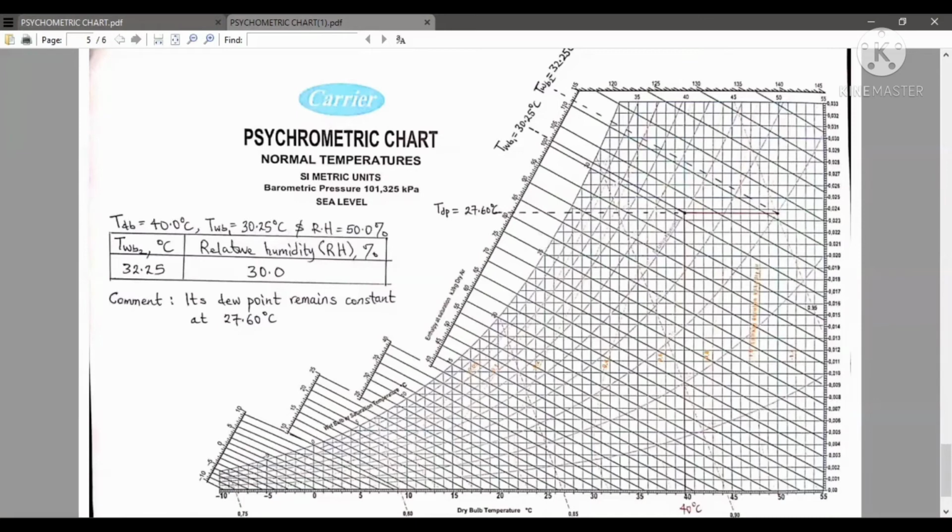To determine this, we come here and pick our 40 degrees centigrade dry bulb and then trace it upward to meet the 50% relative humidity line. Once it hits this curve here, that is 50%.